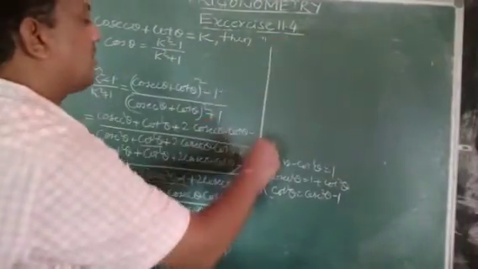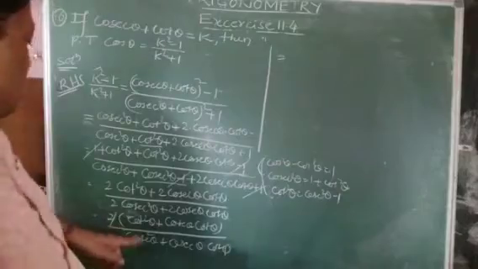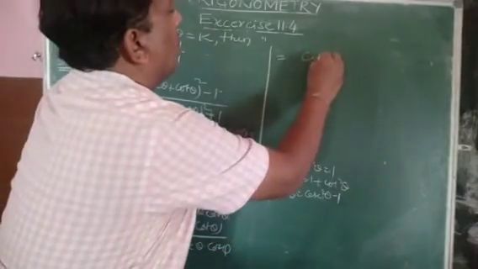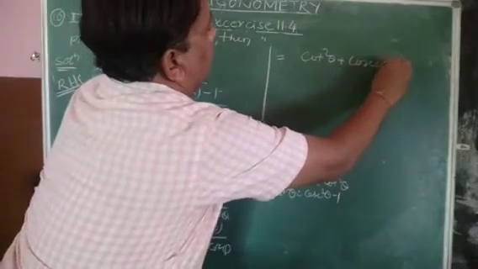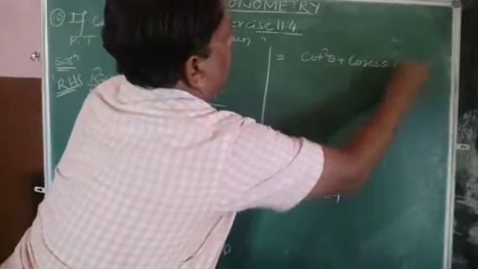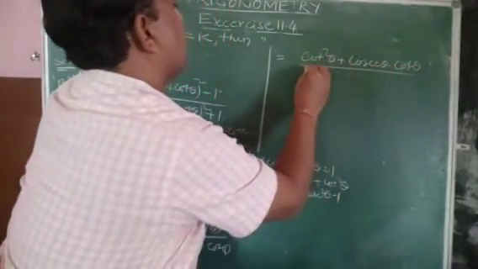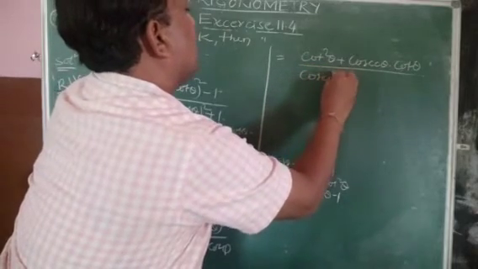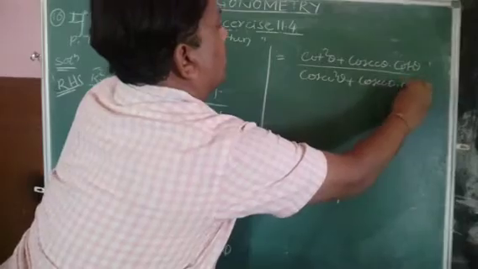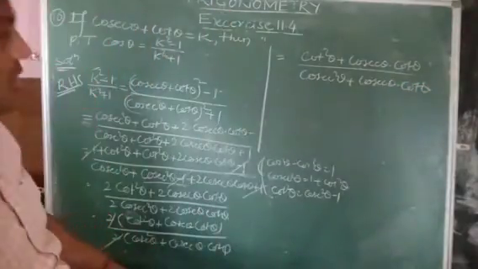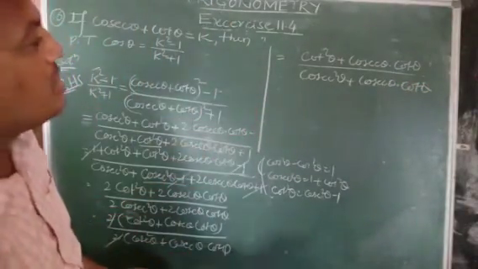Let's see what is left remaining. Is equal to cot square theta plus cosec theta into cot theta, divide by cosec square theta plus cosec theta into cot theta. Children, is something common here? What is common?